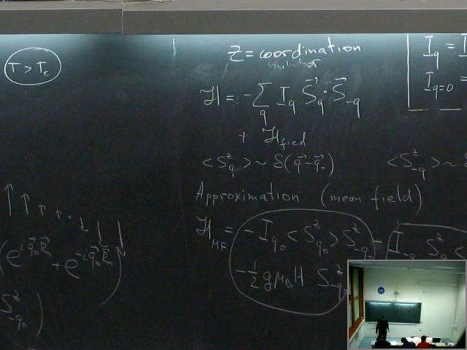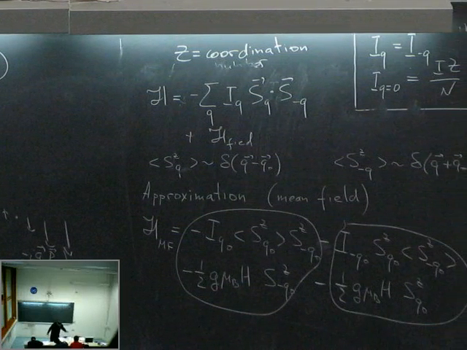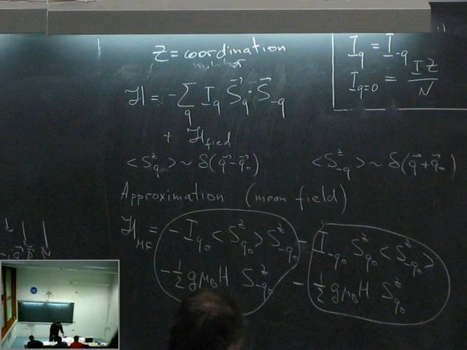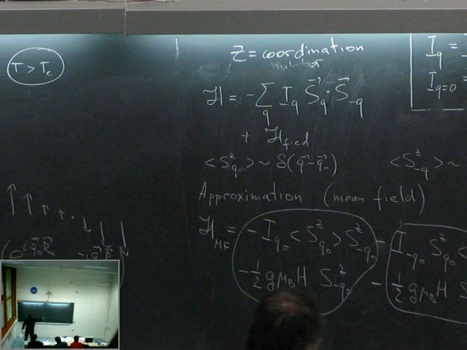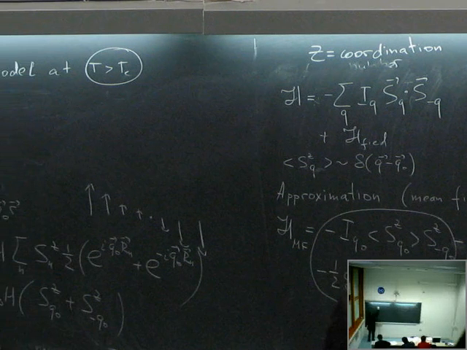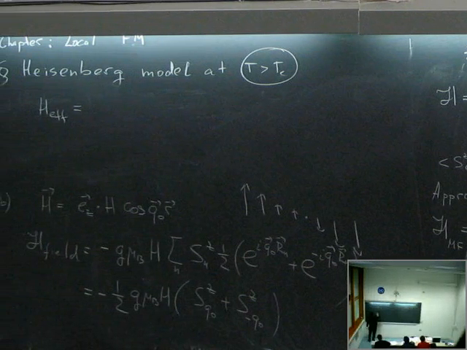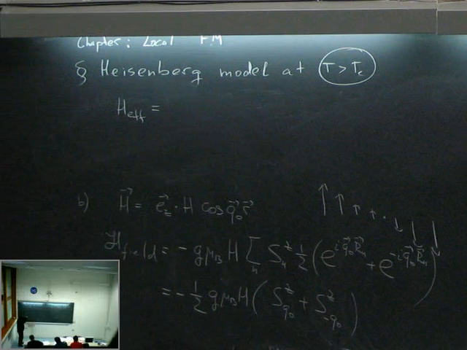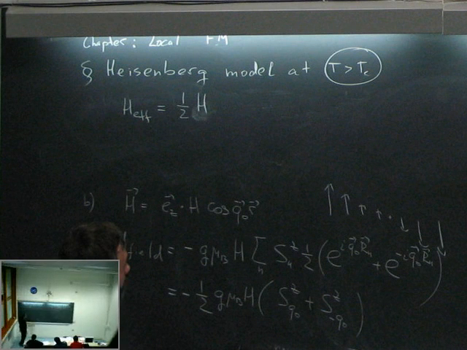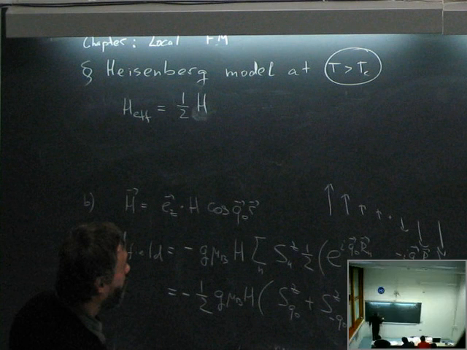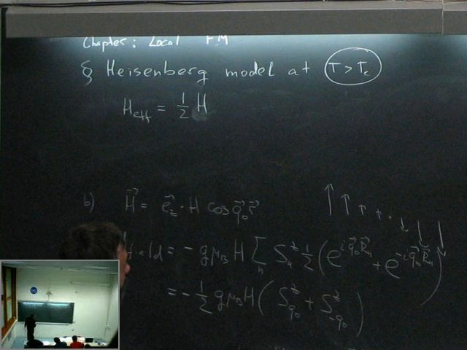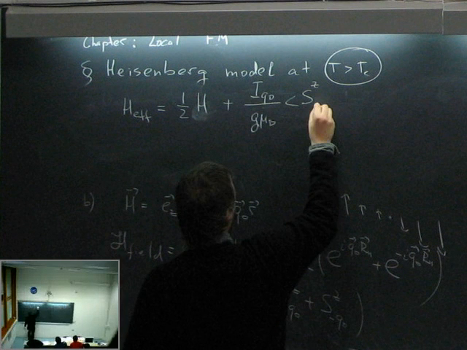So the effective field is, first of all, 1/2 h plus I(Q0) divided by g μ_B times S^z_{-Q0}.